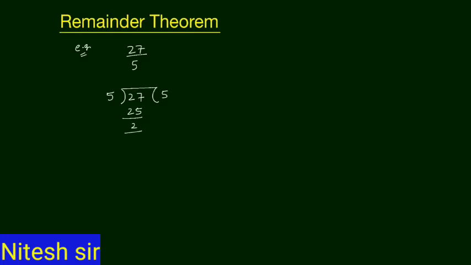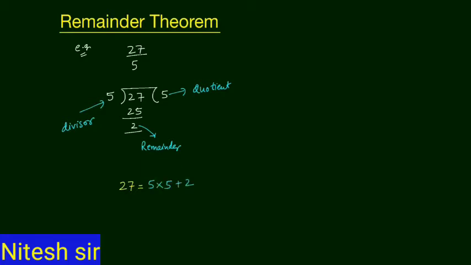I think there is no confusion. 2 is the remainder, 5 is the quotient, and 5 is the divisor. So we can write 27 like this: 27 is equal to 5 into 5 plus 2.